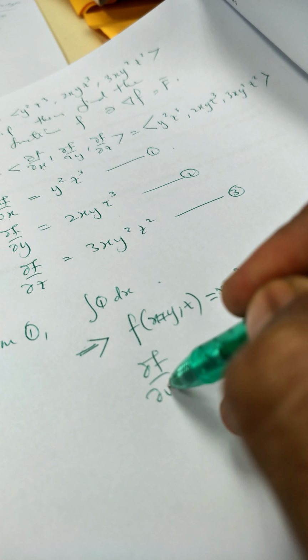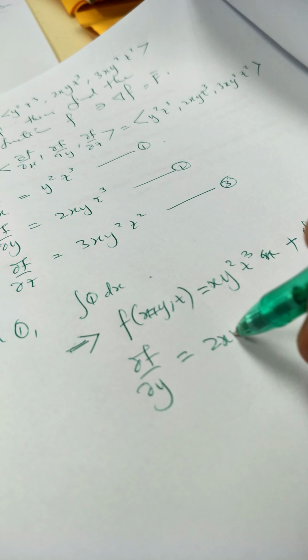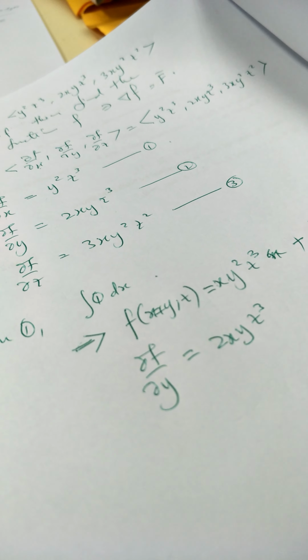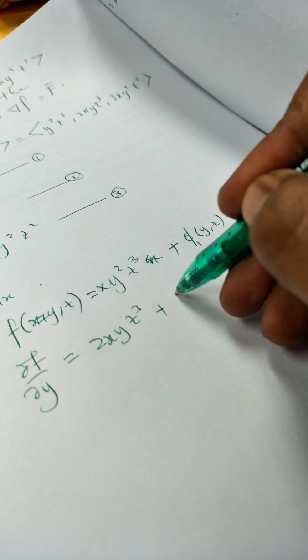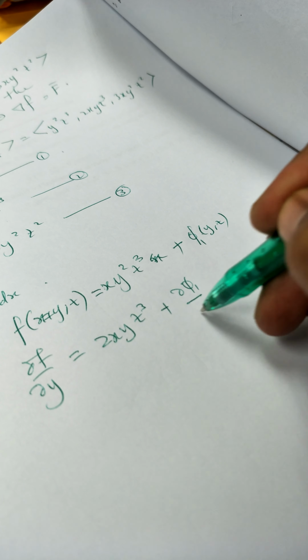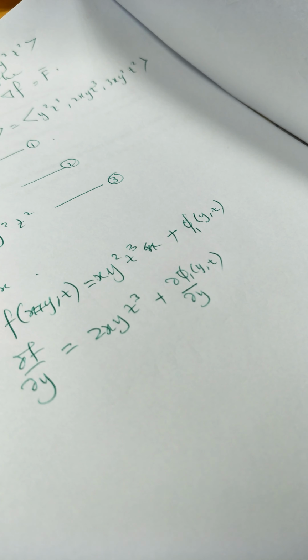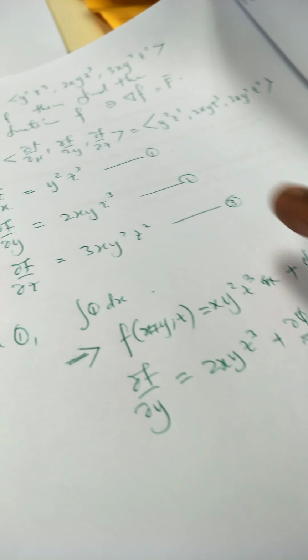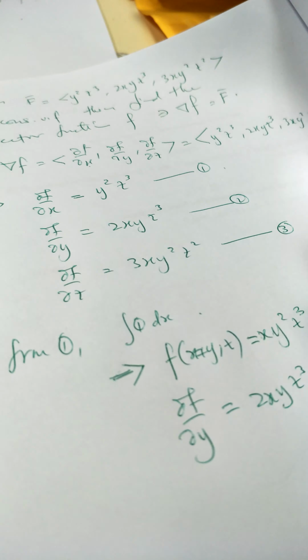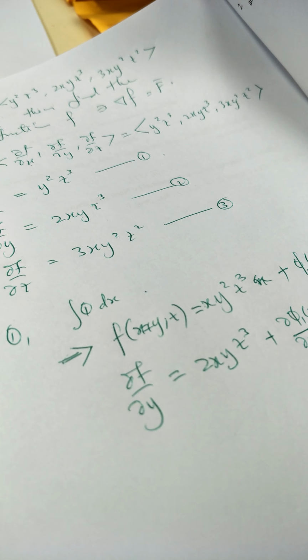Differentiating gives 2xyz cubed plus del phi 1 del y, where phi 1 is a function of yz, and equate it to our 2xyz cubed.